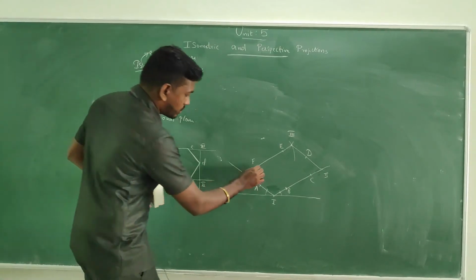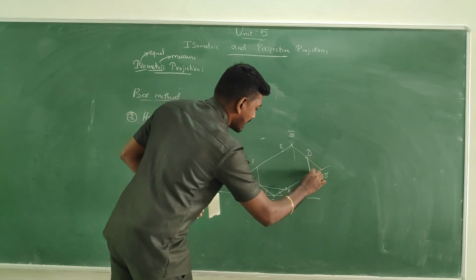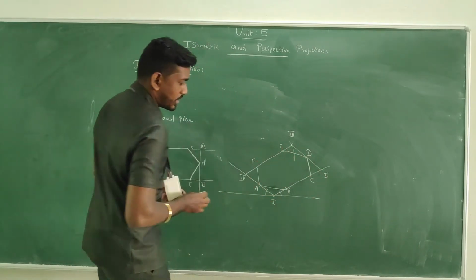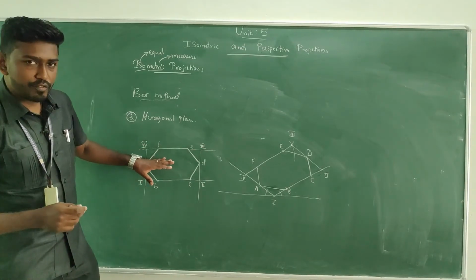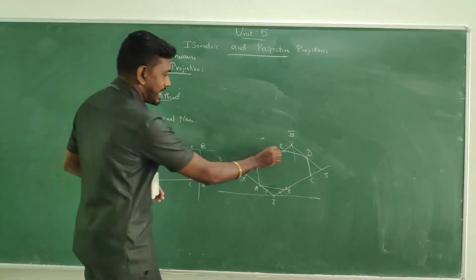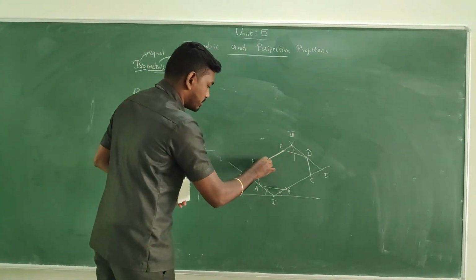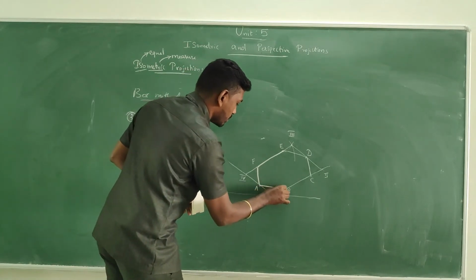Afterwards, connect them one after another. Draw the lines so that you can see the isometric view of this hexagonal plane. So this is the hexagon, make it a dark one.